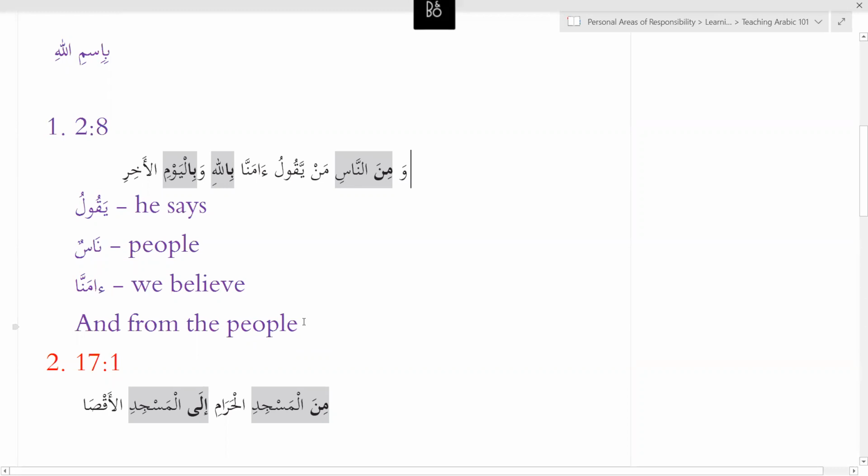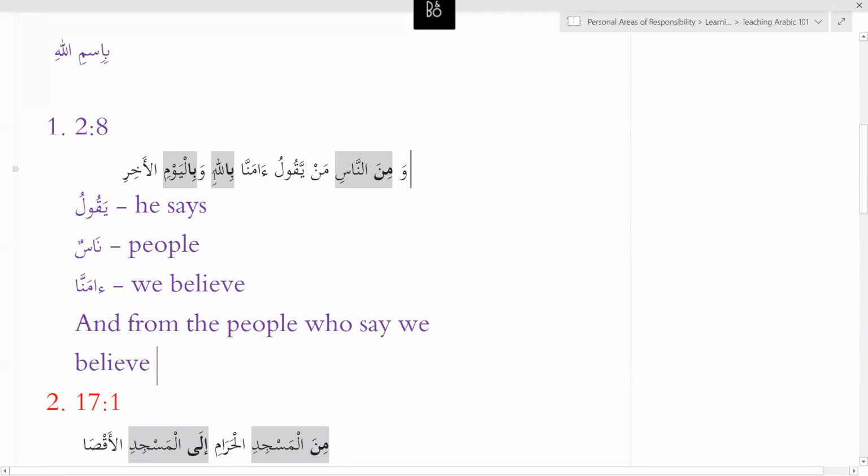Man is who? Sadia, you have not revised your previous vocabulary. And from the people, who he says. He says, he is very generic, so he can be substituted with anything else. What will he be substituted by here? From the people, who he says will not make sense. So what will I say? Who says. We believe.